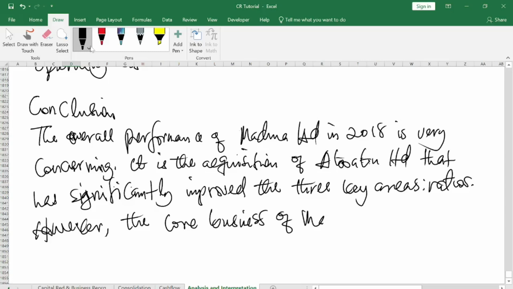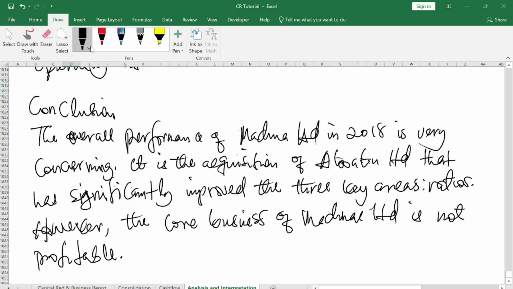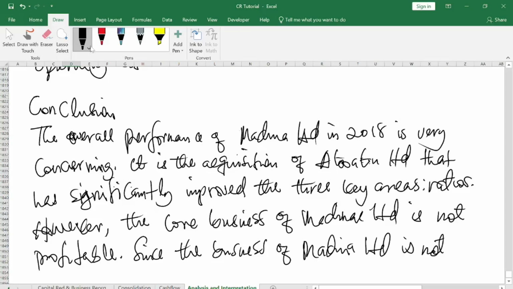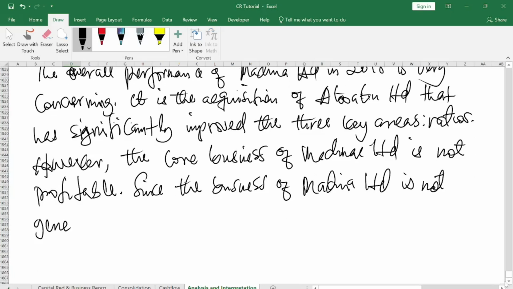However, the core business, Medina Limited, is not profitable, since the business of Medina Limited is not generating higher revenue.